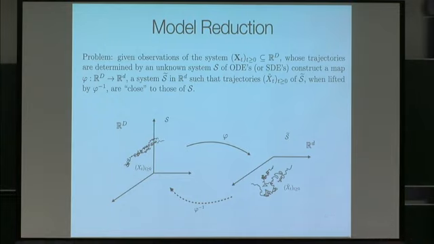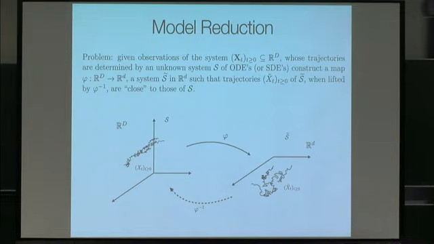And one goal of model reduction is the following. You would like to construct a map phi that takes the high-dimensional state space script S into a lower dimensional one, a tilde script S, with only small d dimensions instead of big D dimensions. And it maps trajectories from the high-dimensional space to a lower dimensional space. And there are going to be equations in now small d dimensions that generate these usually stochastic trajectories x tilde t.